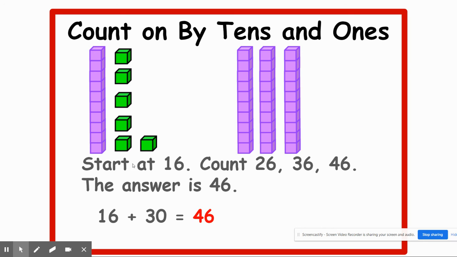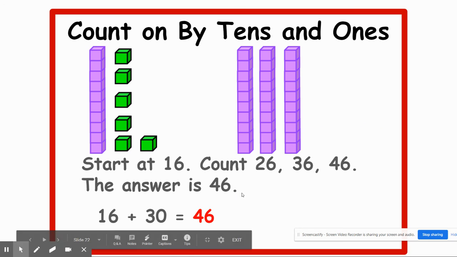You're going to start at 16, and we're going to count on by tens. So 16, 26, 36, 46, and your answer is 46. 16 plus 30 equals 46.